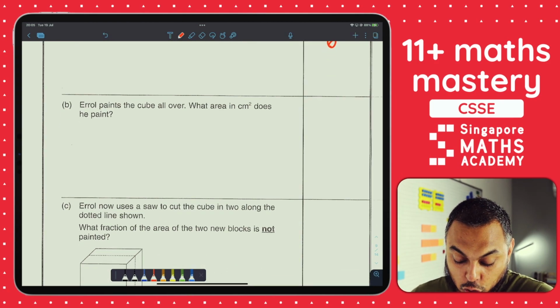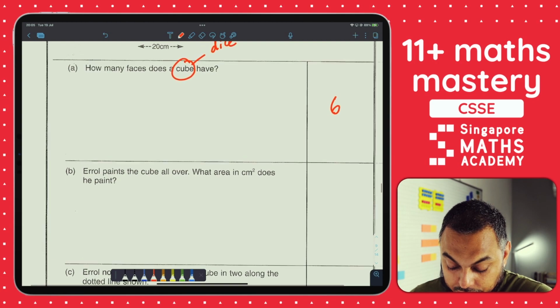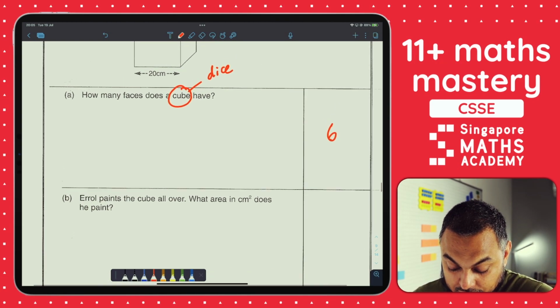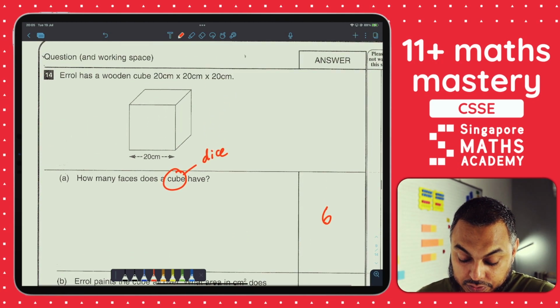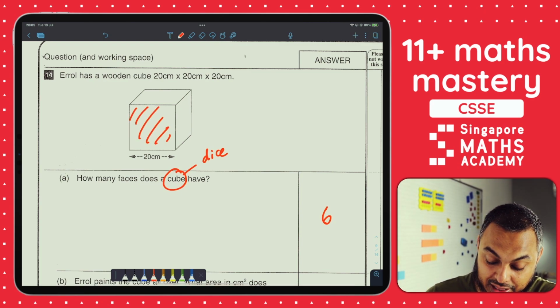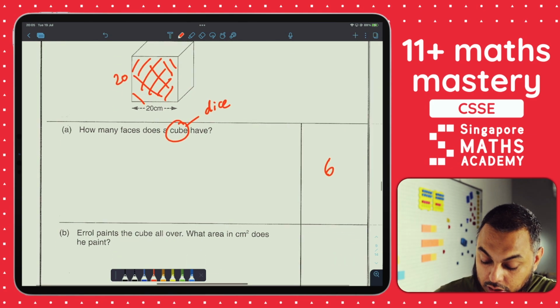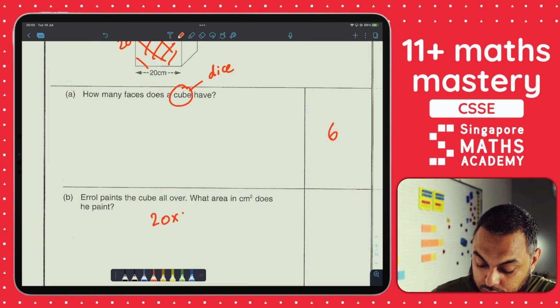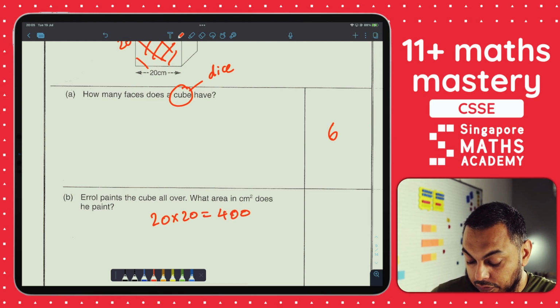Errol paints the cube all over. What area in square centimeters does he paint? So you know that it's 20 by 20 by 20. So the area of one of these faces is going to be 20 by 20. You've got 20 times 20, which you can think about as 2 times 2 is 4, 10 times 10 is 100, so it's 400.